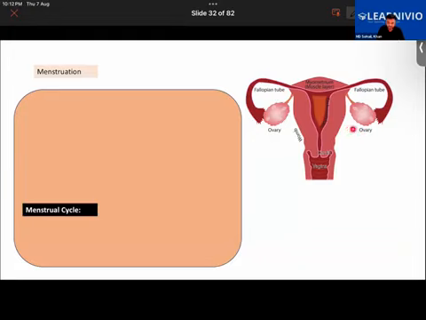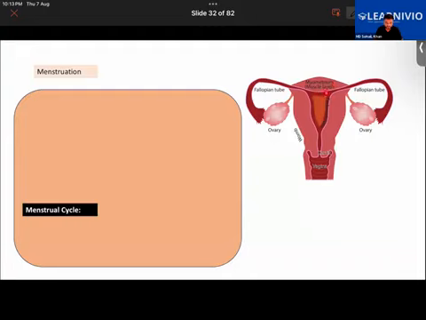It indicates the ability to reproduce. This process is called the menstrual cycle. In this, the ovaries produce only one egg every month that will travel from the fallopian tube all the way to the uterus.